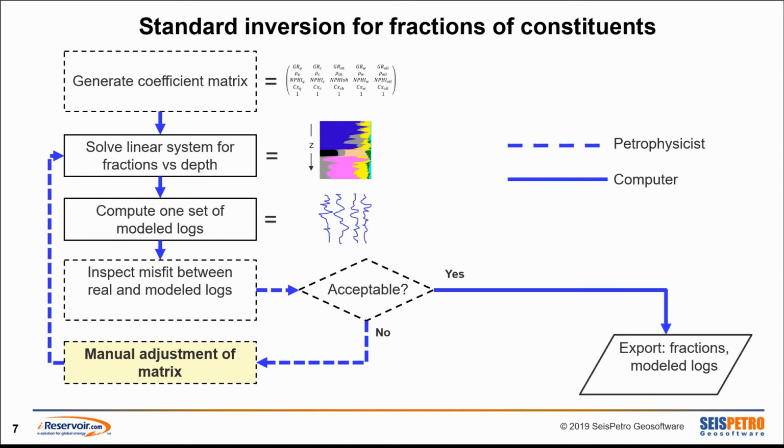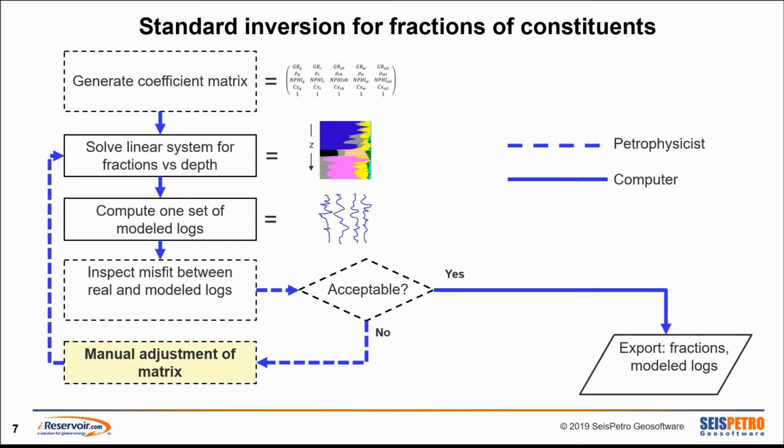The petrophysicists adjust the different numbers in the matrix according to different criteria to see if the fit can be improved. And then that information is introduced again into the solution of the linear system for the fractions versus depth.